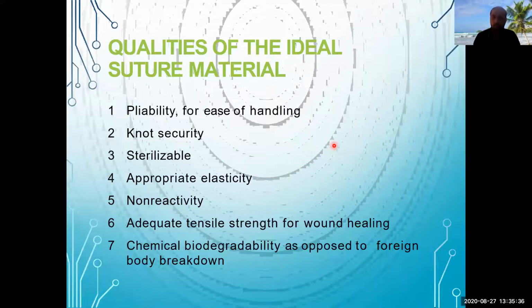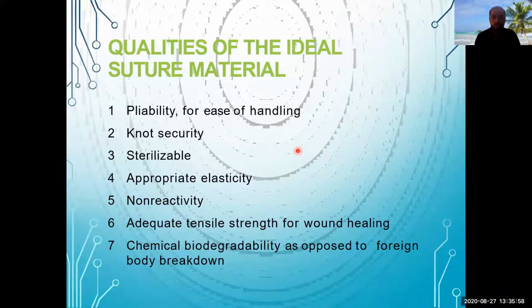To avoid those things, we use materials which produce no or very little reaction. It is not identified as a foreign body by the body's immune system. It needs adequate tensile strength for wound healing, and biodegradability as opposed to foreign body breakdown.